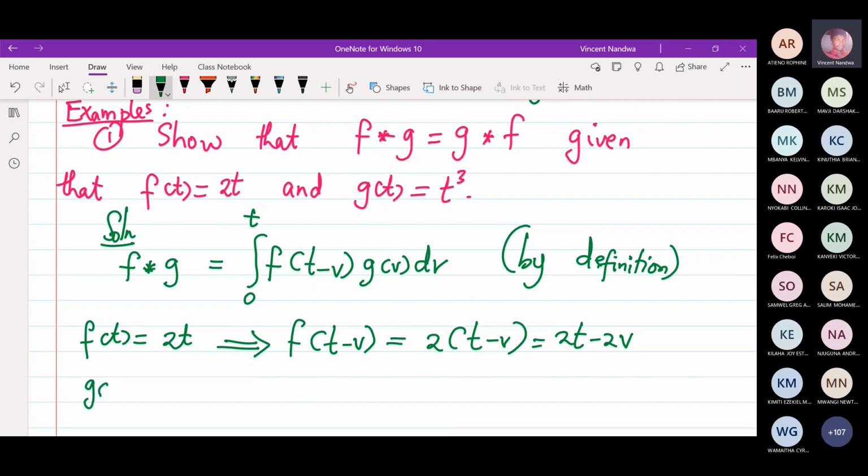And then g of t is given by t power 3, but the formula dictates g of v. So what will be the value for g of v?